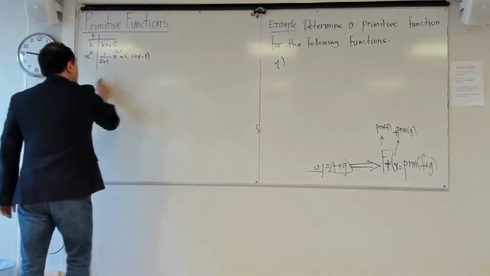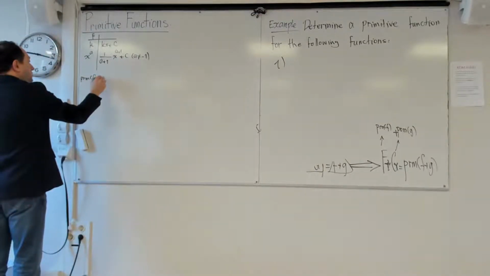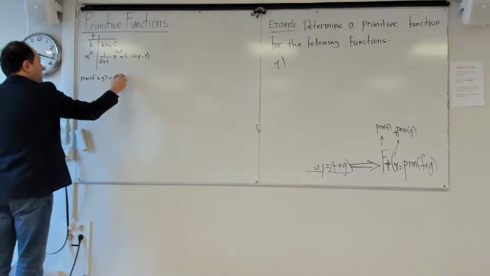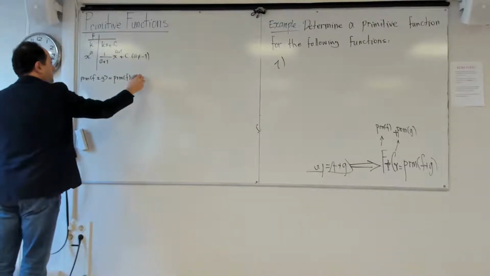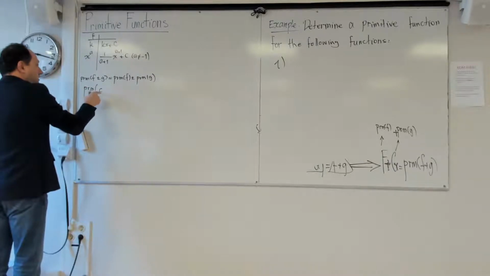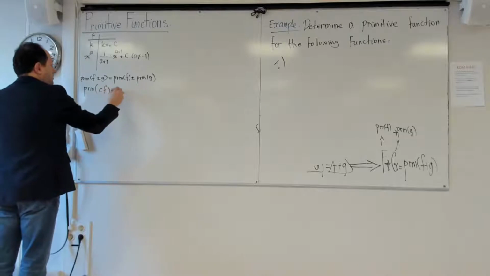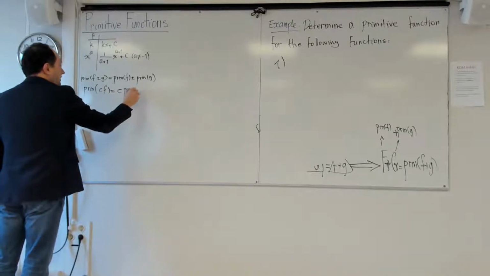And then we learn that primitive function of f plus or minus g is equal to the primitive function of f plus or minus primitive function of g, and then primitive function of a constant times f is equal to c times primitive function of f.